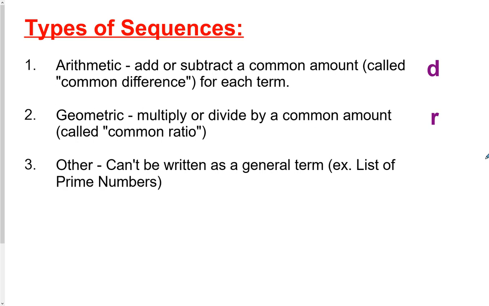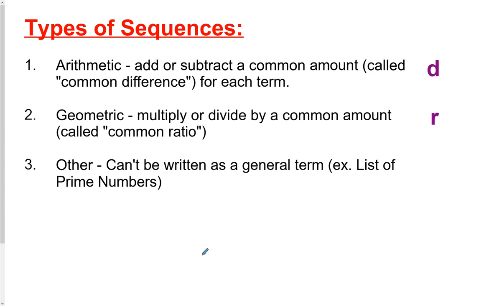There's also a third category that's other. There can be lots of different kinds, because a sequence is just an ordered set of numbers. Sometimes you can't write an ordered set of numbers with a formula, with a general term. So for example, a list of prime numbers. Prime numbers are numbers that can only be divided by 1 and themselves.